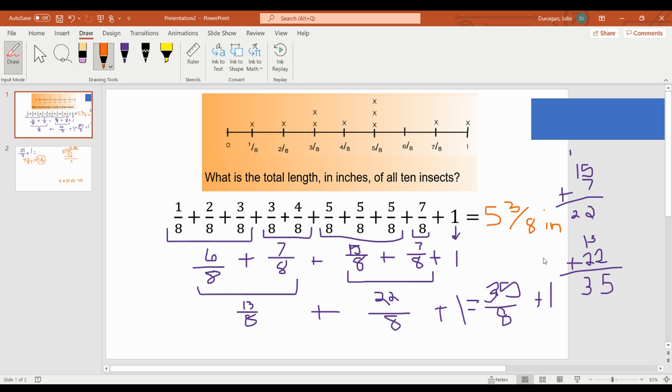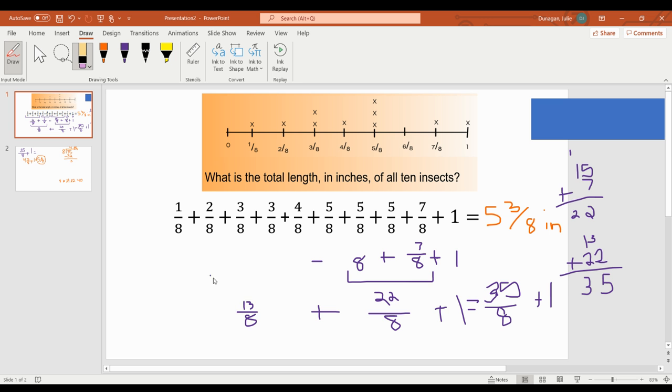Okay? That's one way to do it. Another way we can do it is by making groups of ones with our fractions. So let's erase this and show the other strategy.